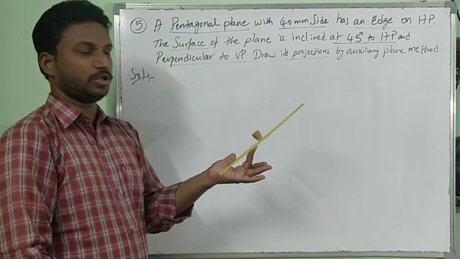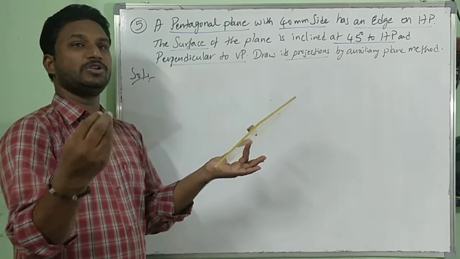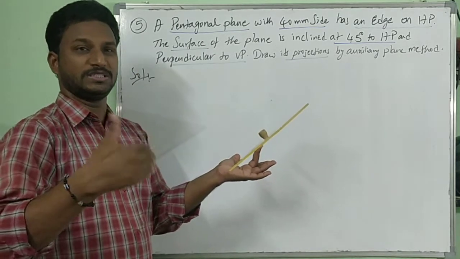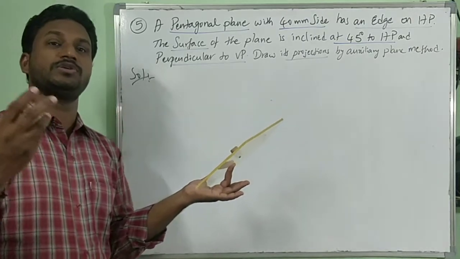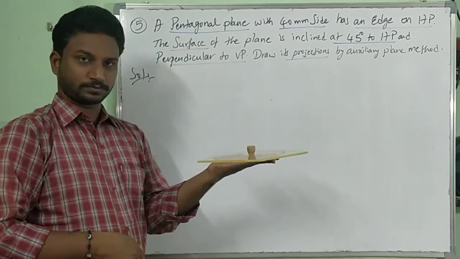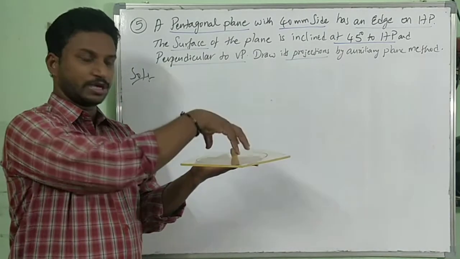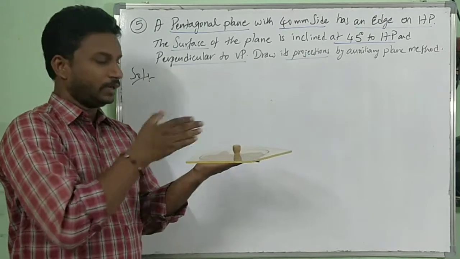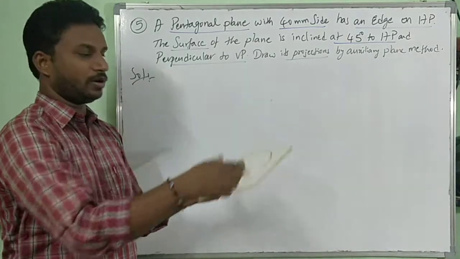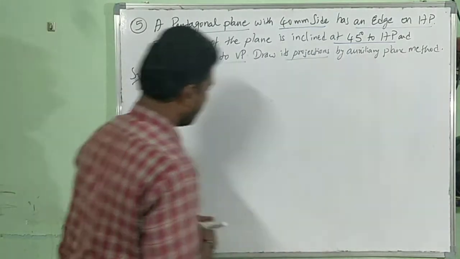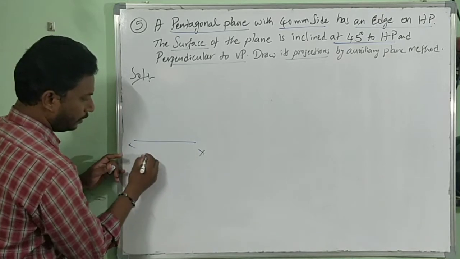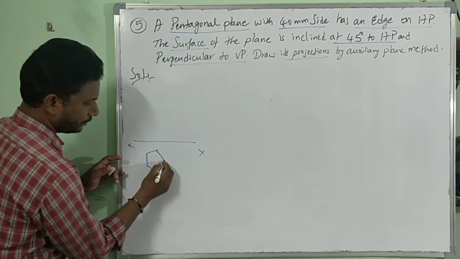In the general method, it's not a directly drawn question or answer. You will be going in stages, where in the first stage you are supposed to draw the true shape of the plane. If you remove the angle, you will get the top view, the true shape of the pentagon, and the front view will be a straight line. Now, with respect to one edge, we will lift that line and draw its projections. Quickly I will show you how. XY line, pentagon, top view, true shape.